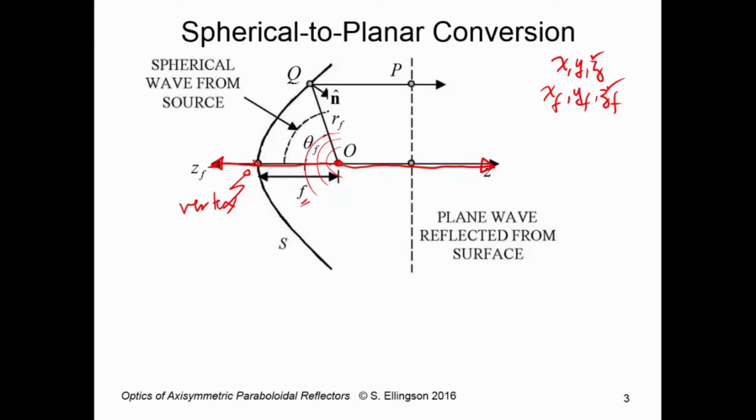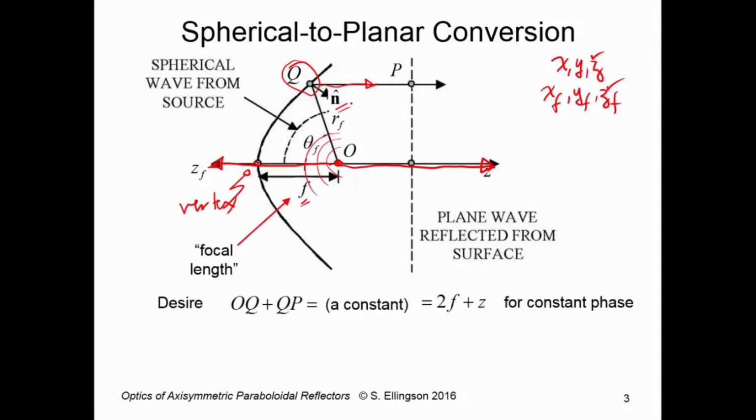Now from ray optics, we know that, at least if we're in the ray optical regime in terms of frequencies, we can describe the scattering in terms of reflection. So for any given point of reflection Q, we can determine a direction of reflection, which is going to be this way, and it's going to be related to the surface normal. So n hat is the normal to the surface.